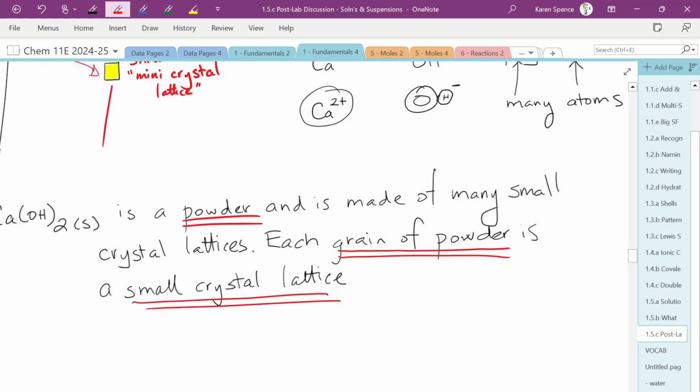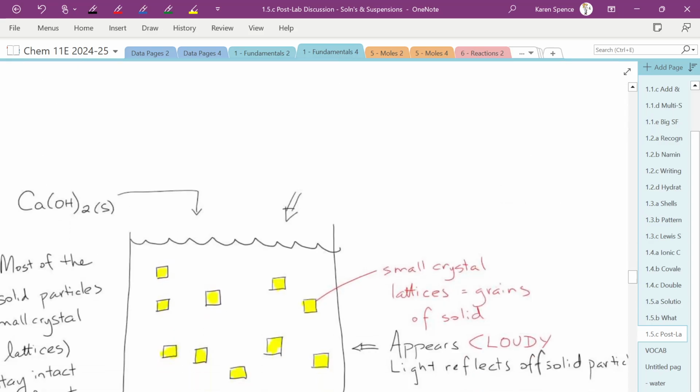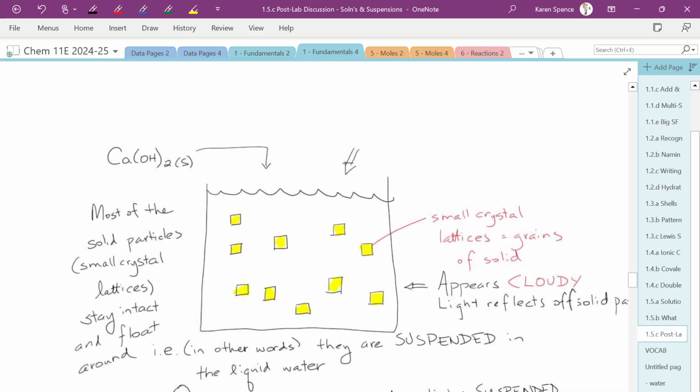So this is a grain of powder. It's a mini crystal lattice. Okay. So here's our solid.